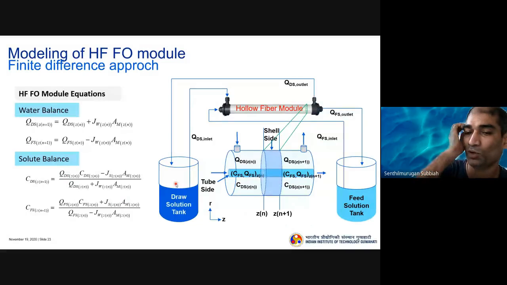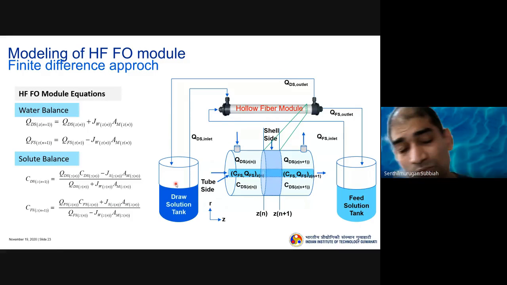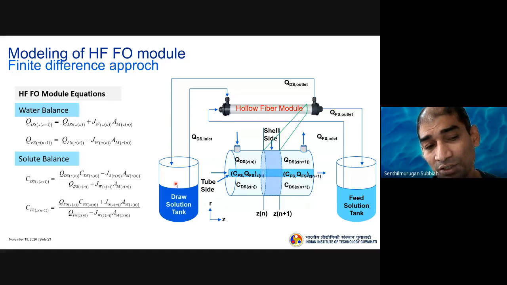So coming to the model, what is the objective of this model? The objective of this model is that we need to develop a model that will be capable of predicting the output draw solute concentration, the output feed solution concentration, and the flow rate of both draw and feed out.